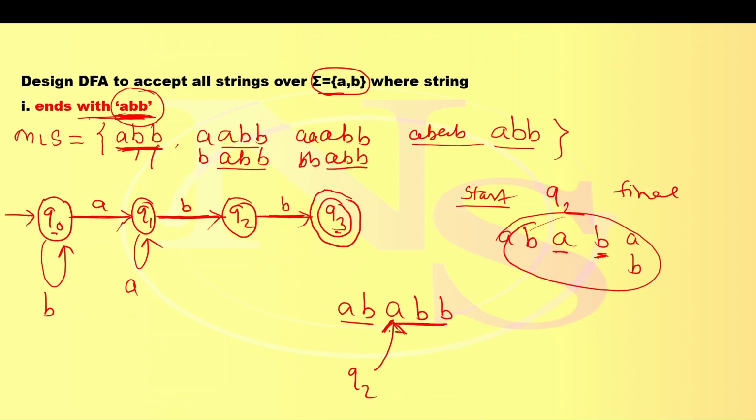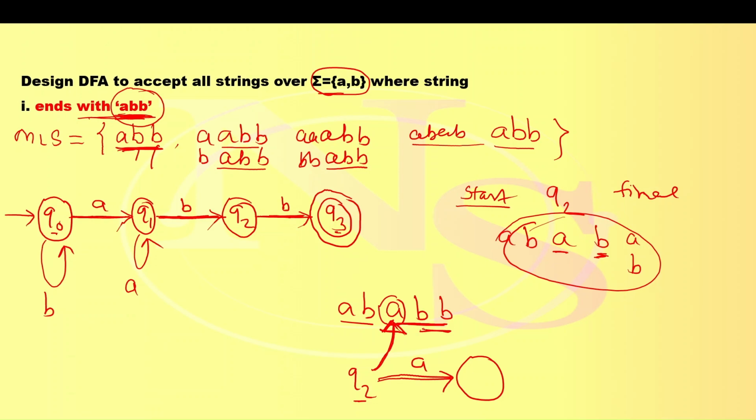Now how to find transition? Q2 is trying to find transition for symbol A. After this double B can come. So transition from Q2 for symbol A will go to some other state. And which state?